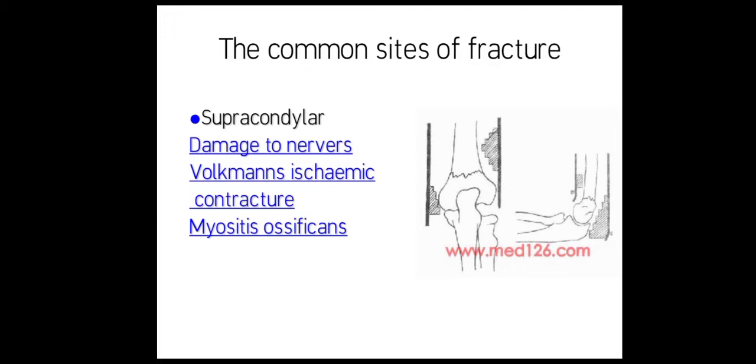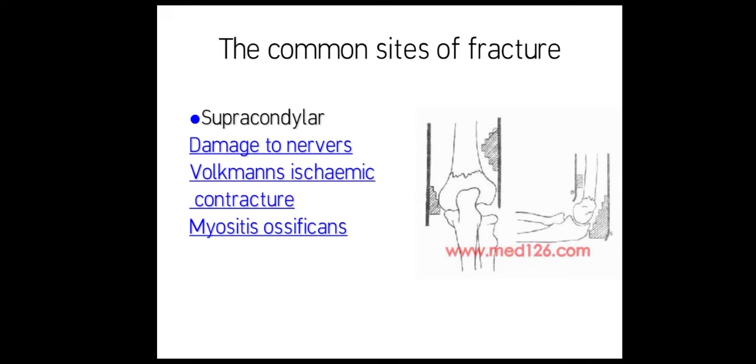Mostly ulnar nerve is damaged if there is the involvement of medial supracondylar ridge or medial epicondyle. Volkmann's ischemic contractures may form and myositis ossificans may occur. Myositis ossificans is a condition in which there is bone formation within the muscle. After injury to a larger muscle, there is hematoma formation within the muscle.